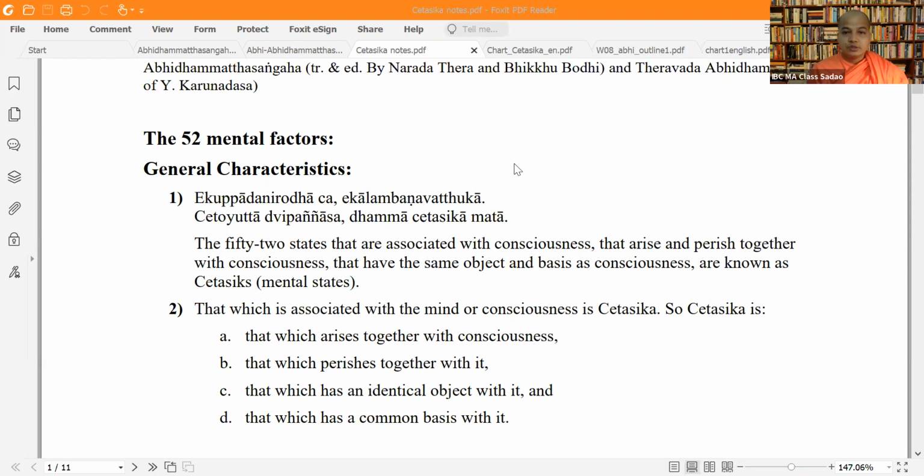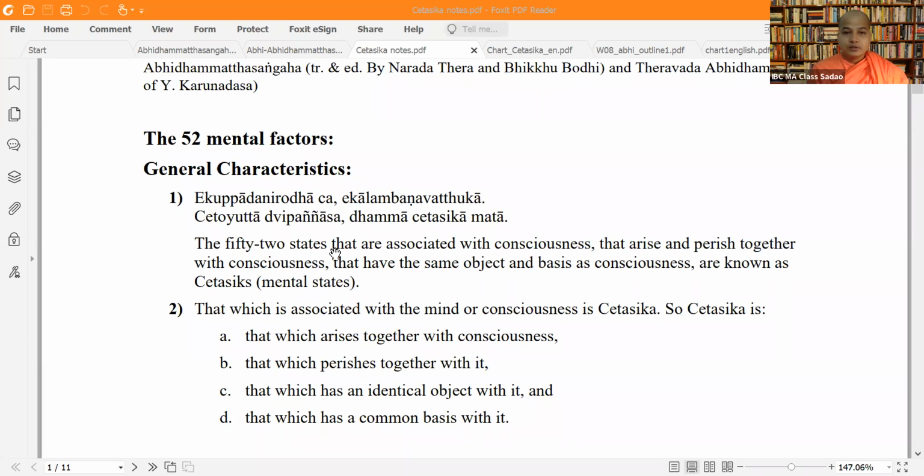They are not without the consciousness; without the Chitta, their arising or ceasing is not seen. They arise and perish together with consciousness, and they have the same object and basis as consciousness. They are known as mental states.